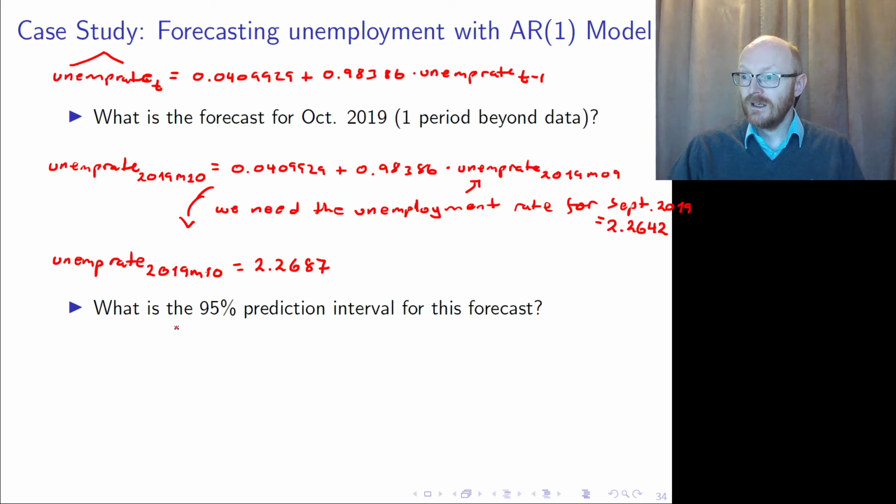And by using the standard error from the regression, we can make the 95% prediction interval. The prediction interval is this unemployment rate, 2.2687, plus or minus 2 times the standard deviation of the residuals.